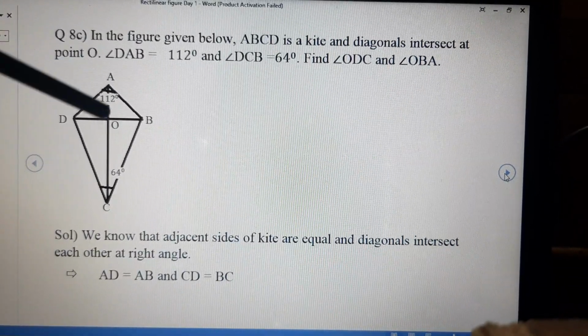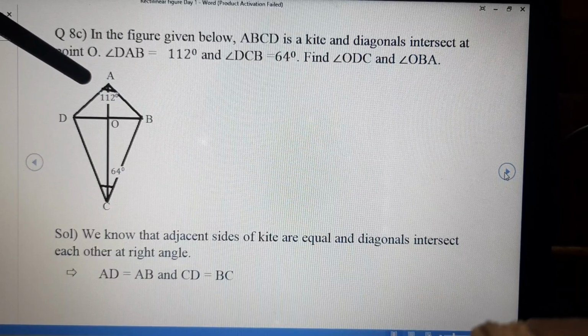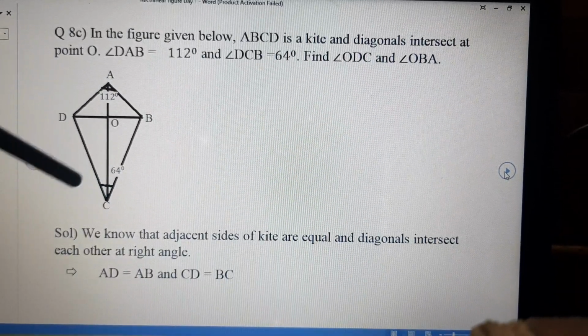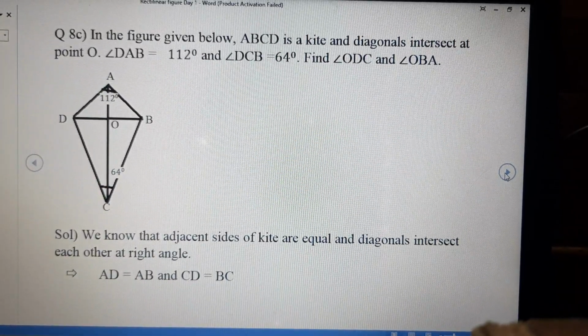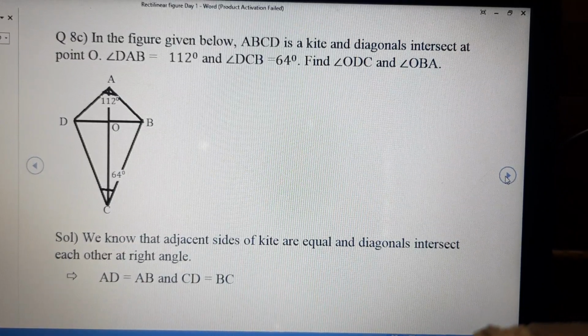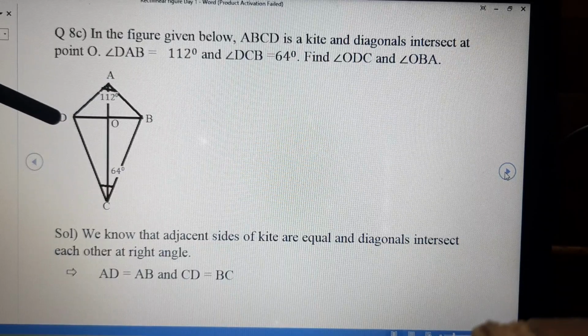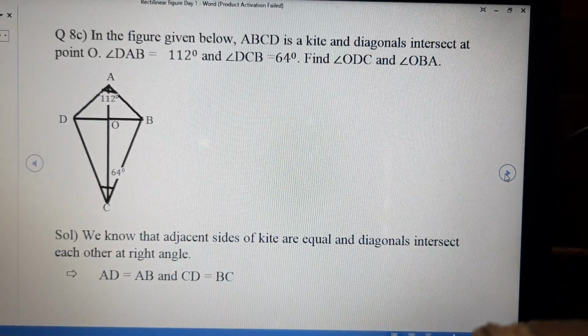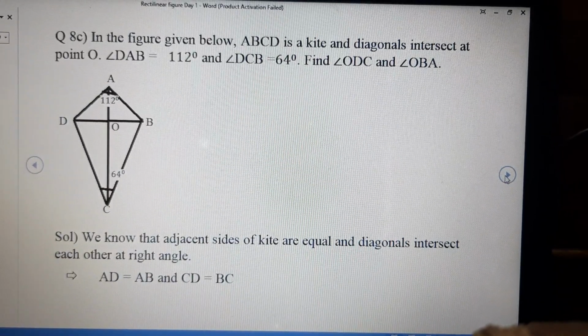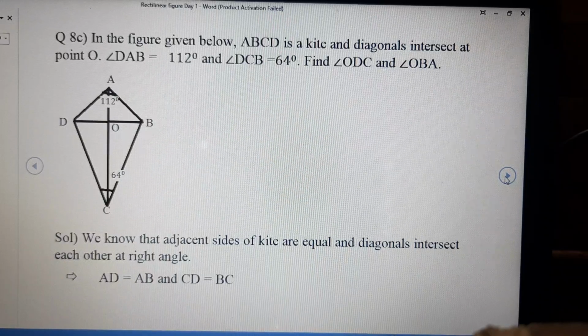It means OA will bisect complete angle A, OC will bisect complete angle C. So, if complete angle A is 112, then angle DAO will be 112 divided by 2, 56 degree.